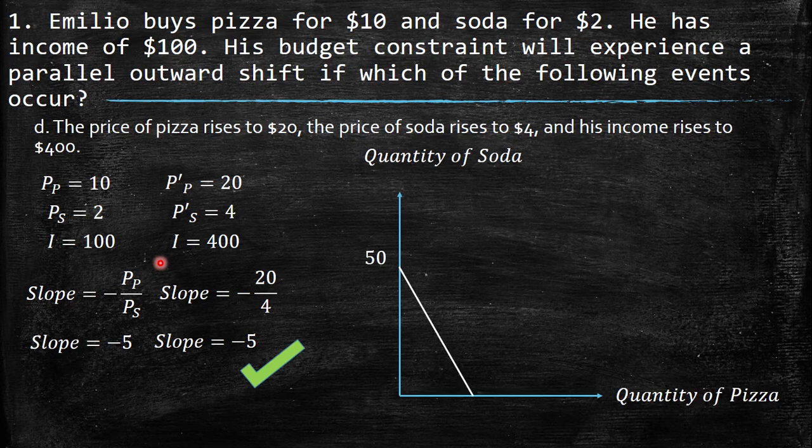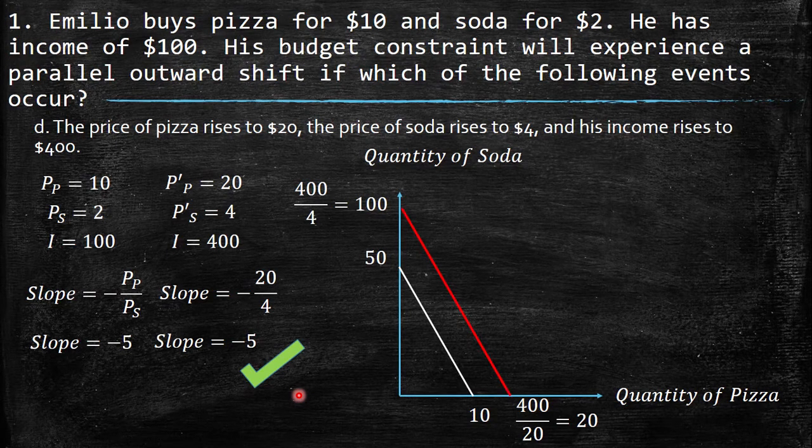Then for the initial situation, we have this one, and then 400, which is the income, over 20, which is the price of pizza, should be equal to 20. And the other one is 400 over 4, which is the quantity of soda, which should be 100. Then at the end of the day, this one should be the new budget constraint. So we represent here a parallel outward shift. So this should be the good one.